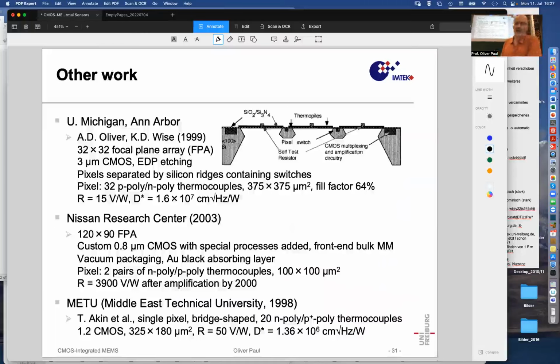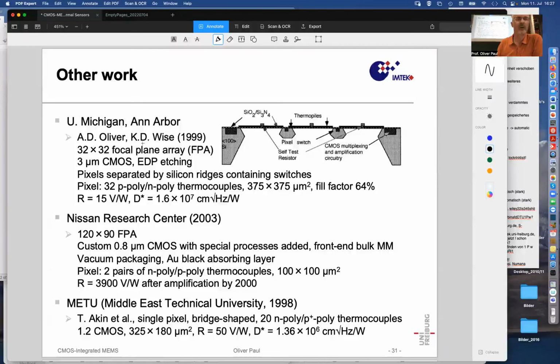There are other groups who have worked and who are still working on those thermoelectric infrared radiation sensors. One group that is very famous, that has also appeared in other contexts in chapter 2, for instance, is the University of Michigan at Ann Arbor, one of the top universities in the United States.